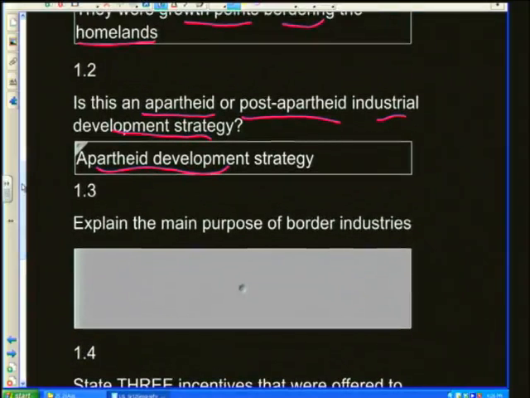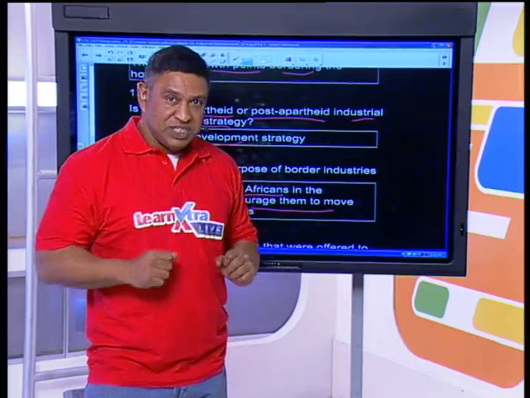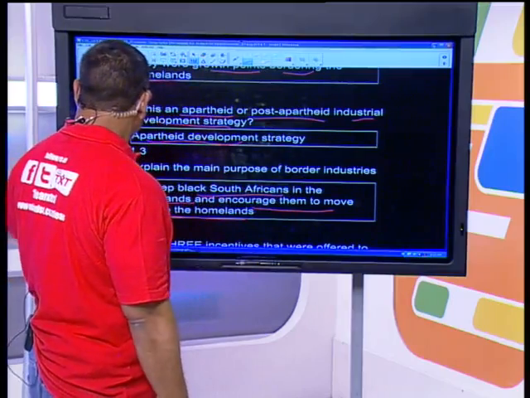Remember, the main purpose was to keep a white republic, all right? To keep black South Africans, all right, in the homelands and encourage them to move back to the homelands. That was the big intention, all right, to keep a white republic.